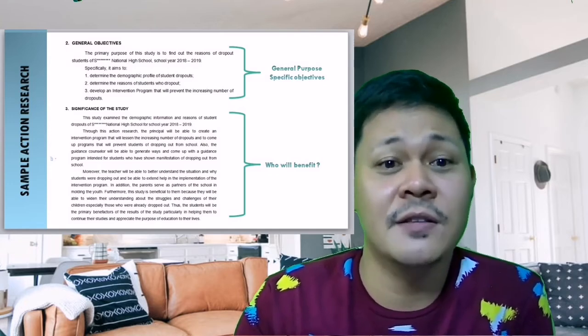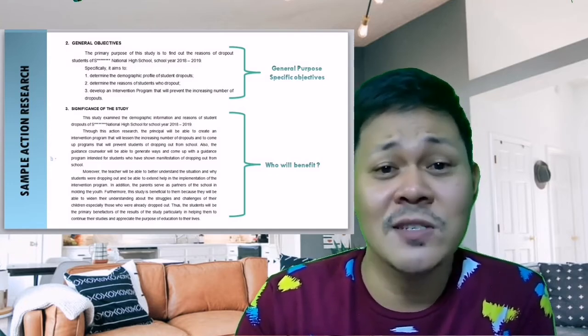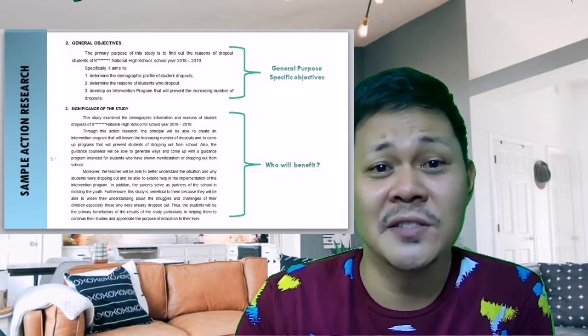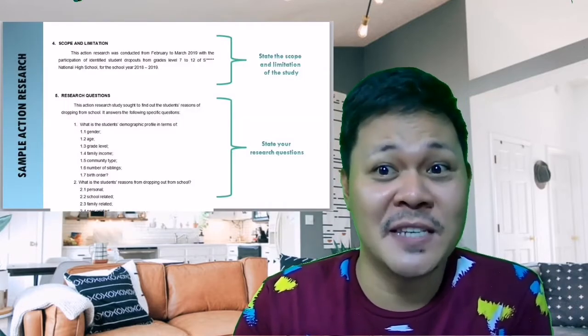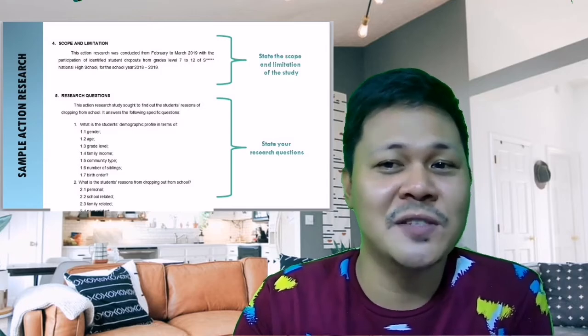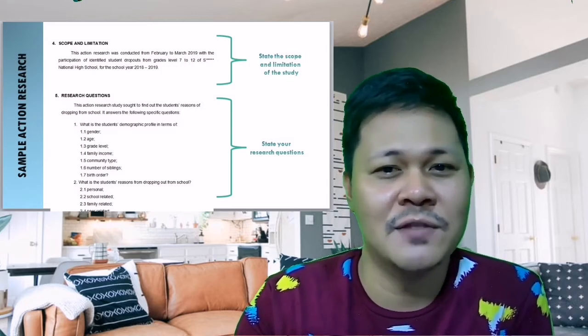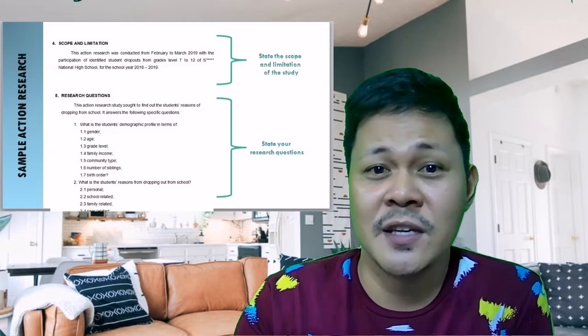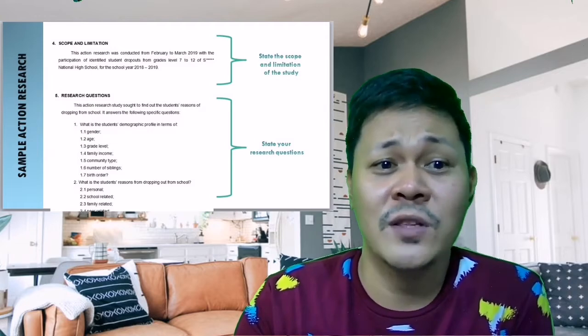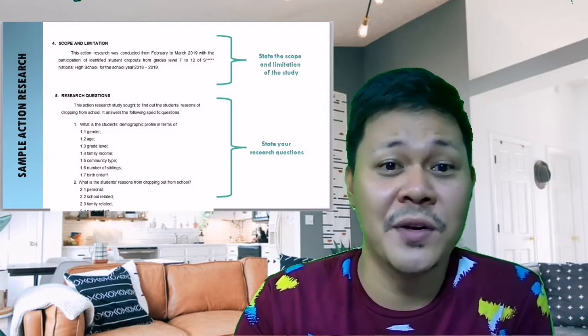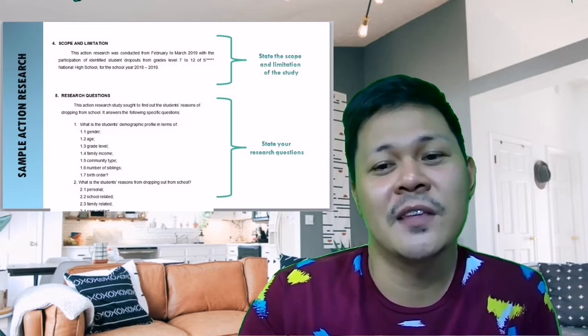It could be the principal, the guidance counselor, the teachers, the students, or even the community. Next is the scope and limitation. Here, you're going to state the scope and limitation of the study: the respondents, the number of months that you are going to conduct the study, or which school you are going to conduct the study in.